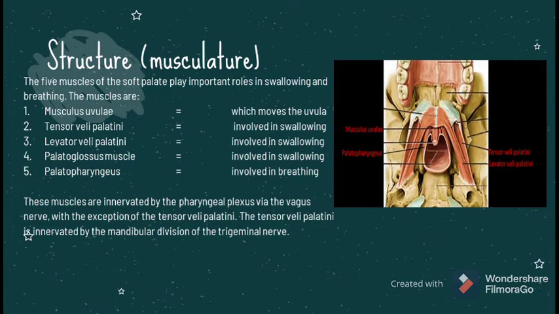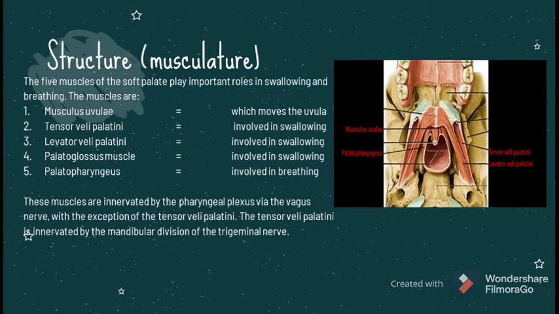The muscles are musculus uvulae, which moves the uvula, tensor veli palatini, levator veli palatini, palatoglossus muscle, involved in swallowing. These 3 structures are involved in swallowing.